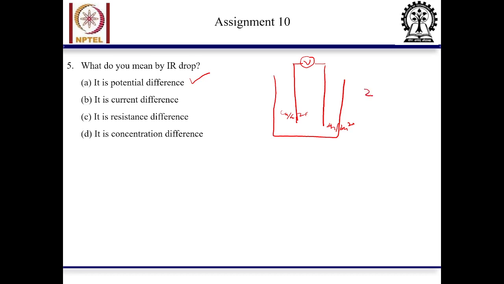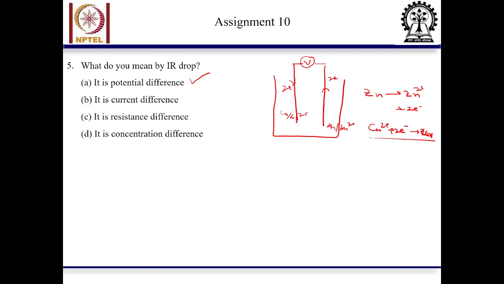Suppose on this side zinc is going to zinc 2 plus. Now it has two electron transfer. On this side, what is happening? Your copper 2 plus takes two electrons and is depositing as copper. Now two electrons are transferred from here to here.